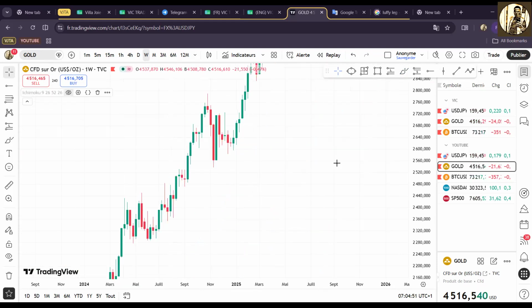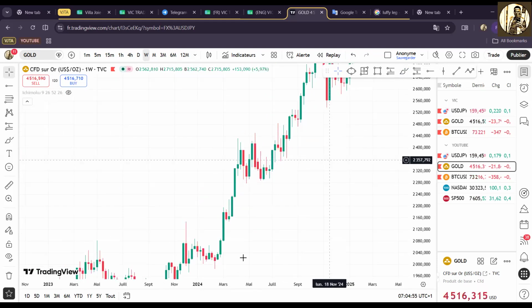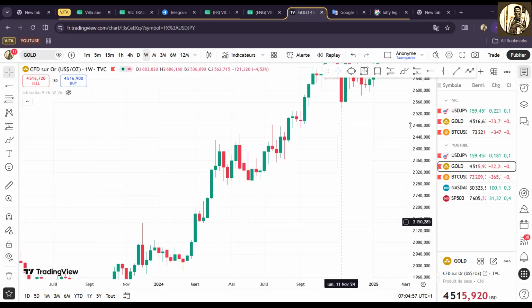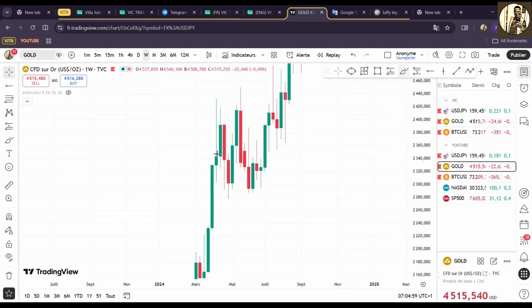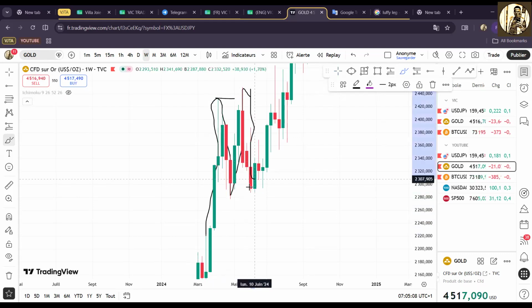You remove Ichimoku, you will see that, for example, at this point, the price went to the upside, created this high, created this low, then went again to the upside, broke this high at this level. Then the price fell down. Okay, this is the MW shape. Then you can start buying here. The price did not go below this point, and then went to the upside.